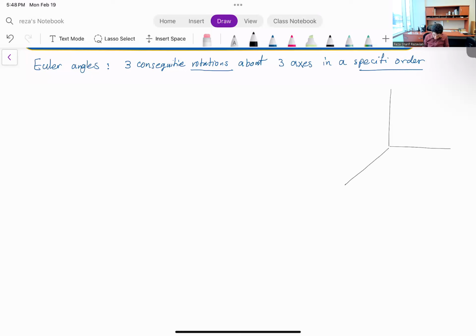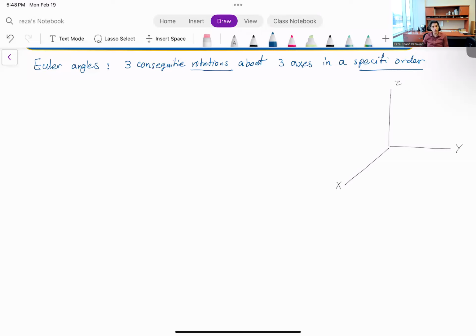This is my original axis. Let me label them too. Let's call this big X, big Y, big Z, in black.